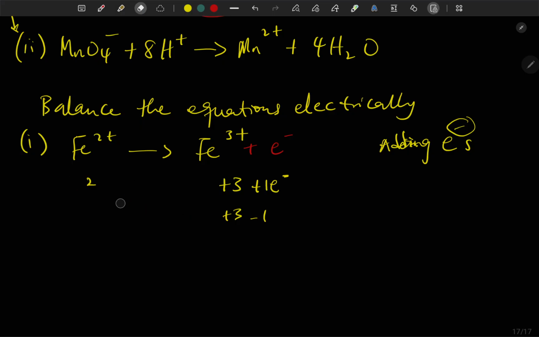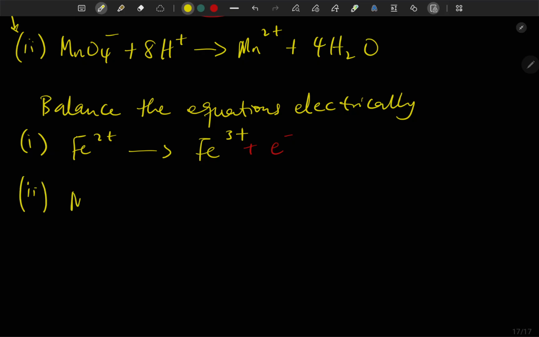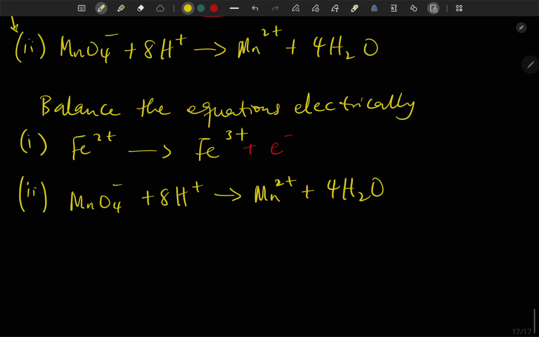So let's look at the second equation. What do we do to the second equation? The second equation, MnO4 minus plus 8H plus gives Mn2 plus plus 4H2O. So let's see if it's balanced ionically or not. Here we have minus 1.